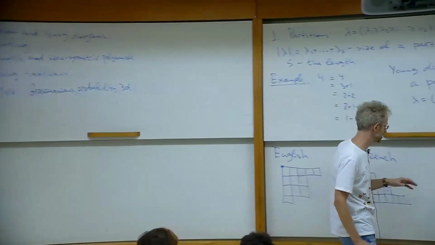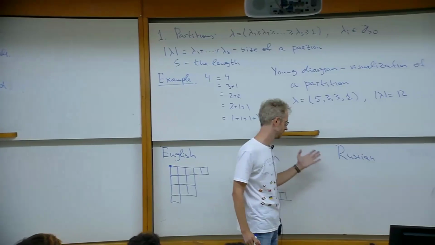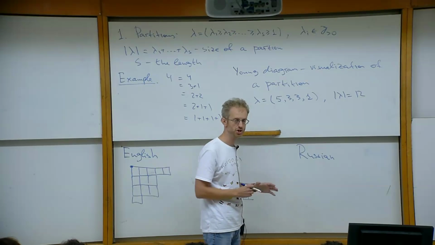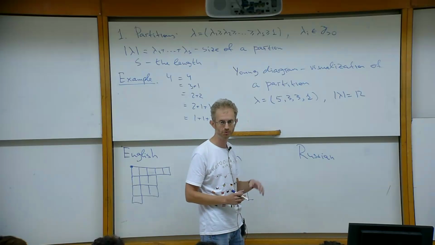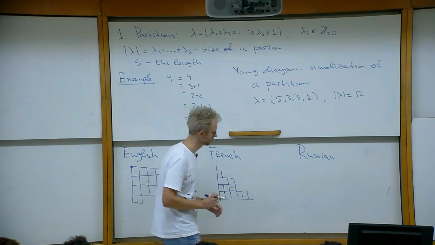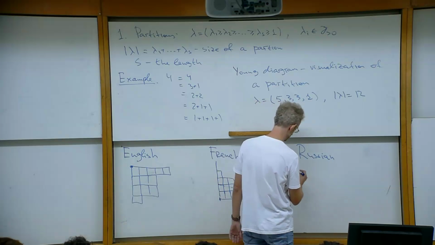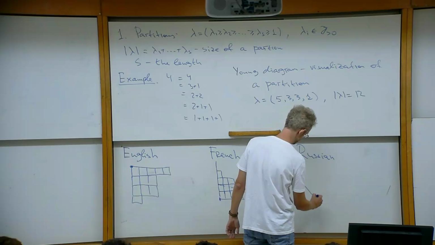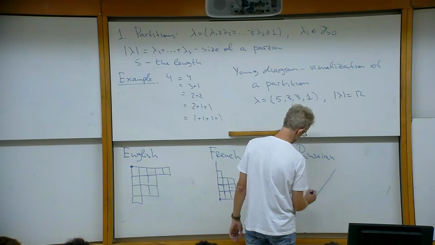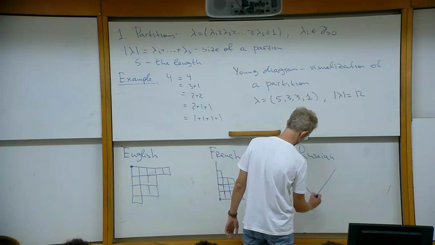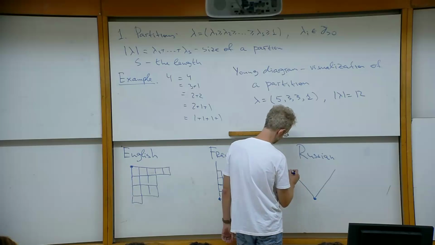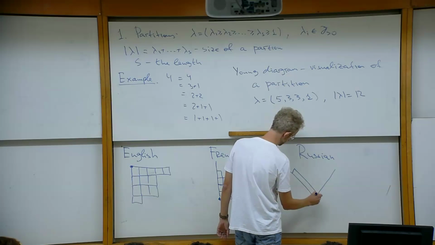As for the Russian notation, this comes from probability theory, some kind of limit shapes of Young diagrams and so on. I'm not going to talk about this most likely, but let me at least draw you the picture. So how does it look? You draw 2 lines here. So now this special point is here. And then you put 5 boxes here.